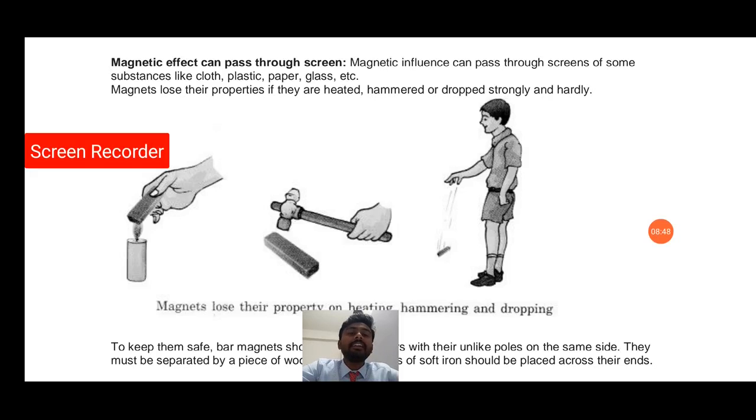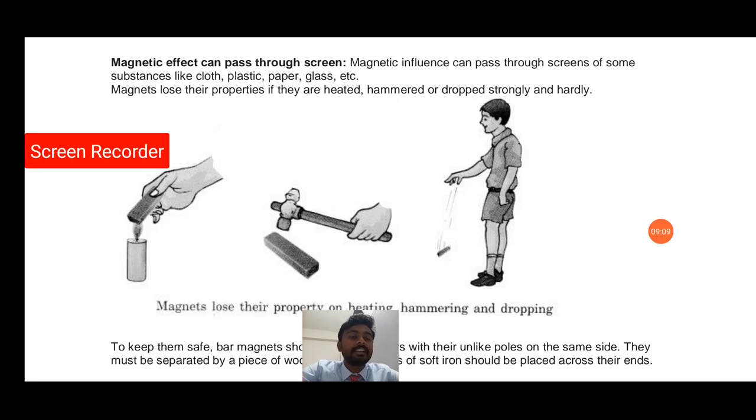So the magnetic effect can pass through a screen.